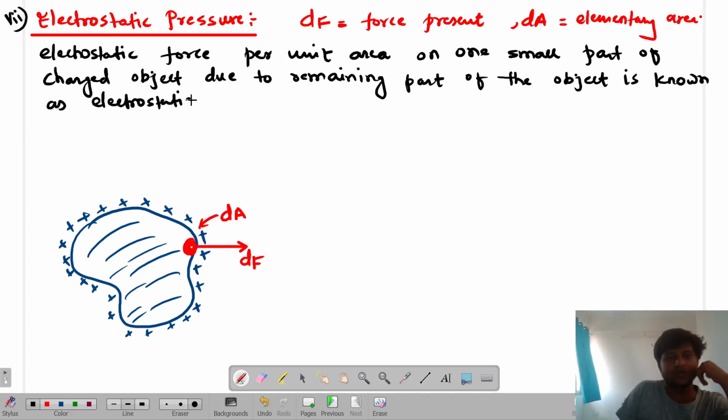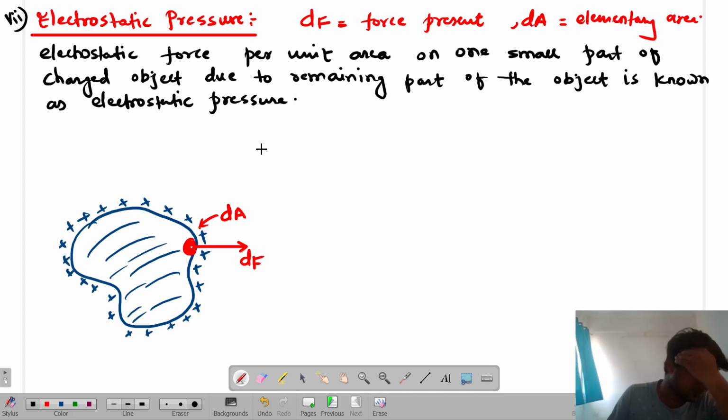So that is generated due to the repulsive force, isn't it? Yeah. Are you able to get me?